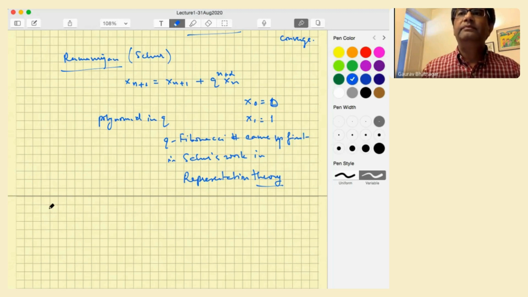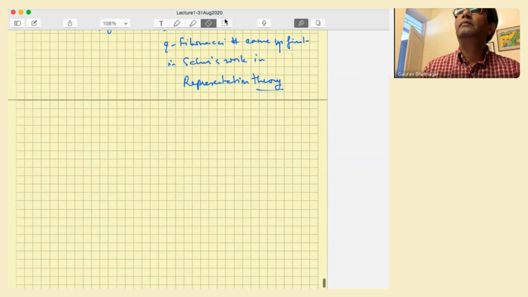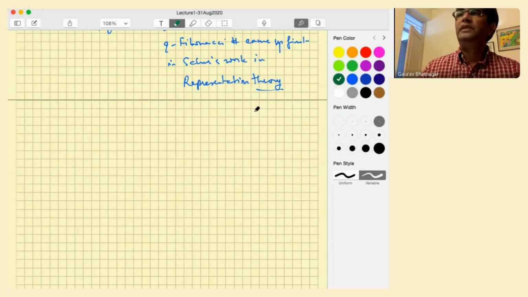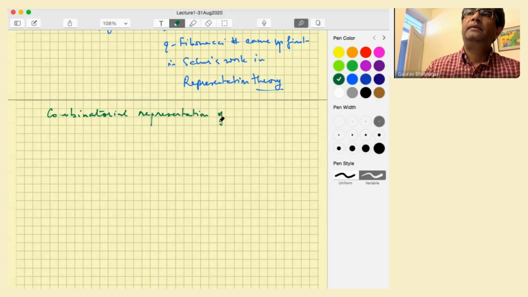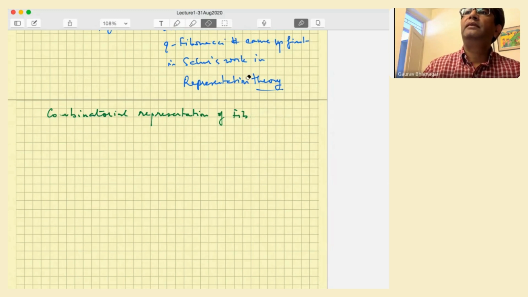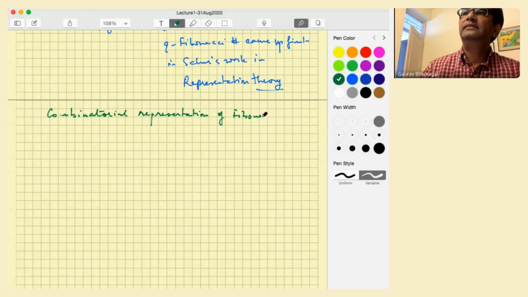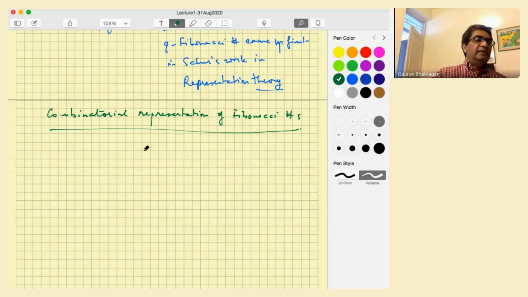So, Fibonacci. There's a nice reference for this.